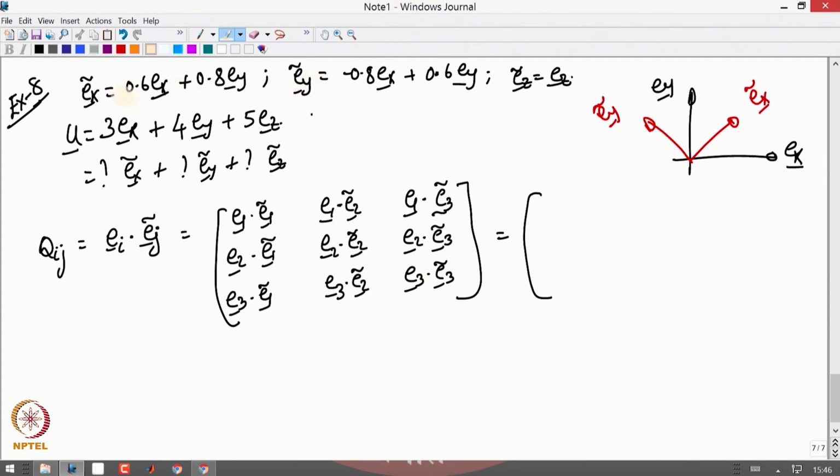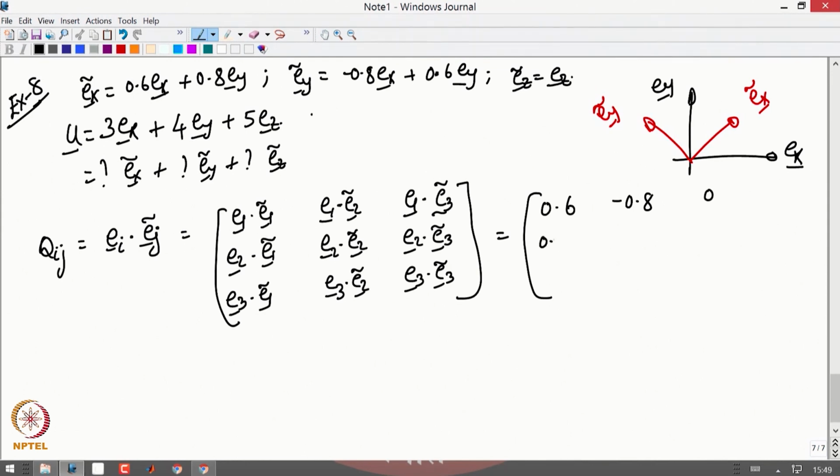So, if I do this operation, E 1 tilde dotted with E 1, I will get 0.6. E 2 dotted with E 1 tilde will be minus 0.8, and this will be 0.